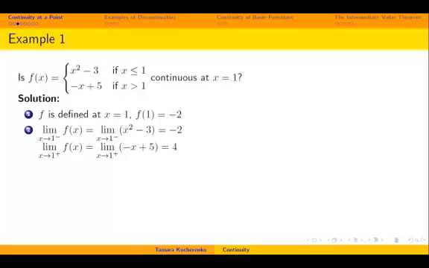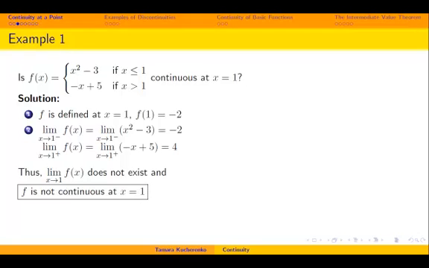We see that the left-hand limit is not equal to the right-hand limit. Thus, the limit of f as x approaches 1 does not exist, and f is not continuous at x equals 1.